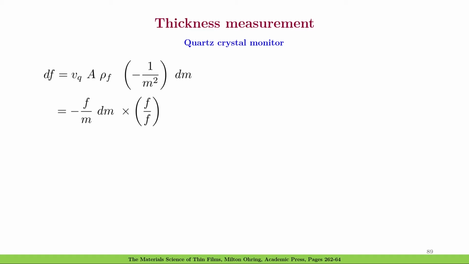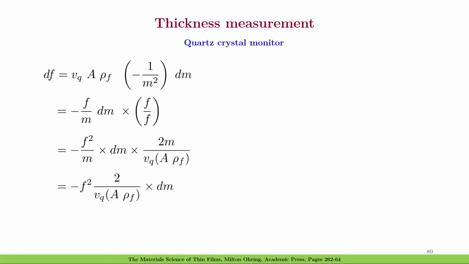Now we'll rewrite this equation by multiplying with f over f. This gives us minus f square by m times dm times 2m over Vq times A ρf. So this is equal to minus f square times 2 over Vq times A ρf times dm.